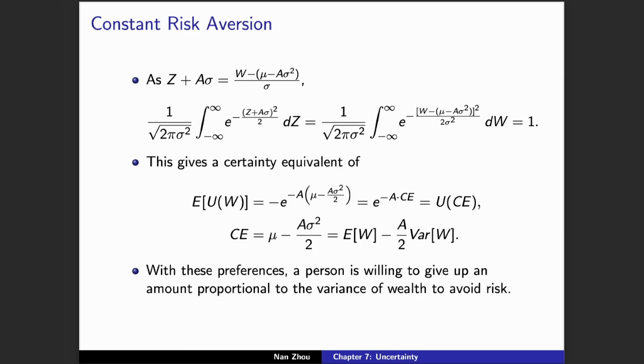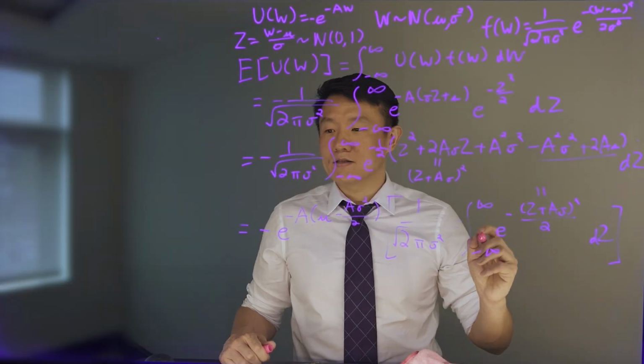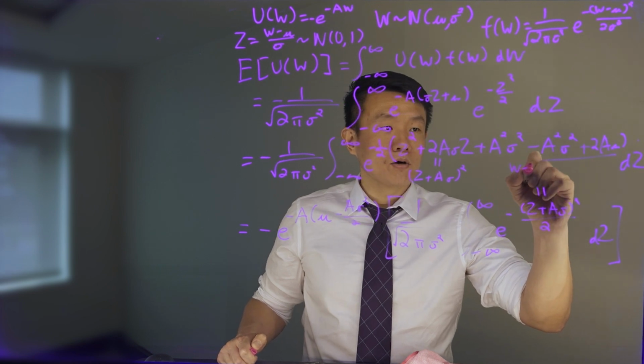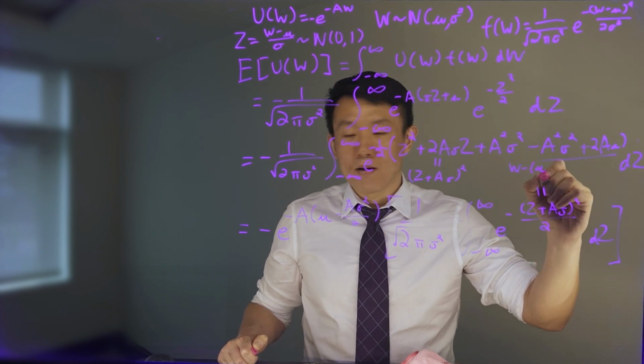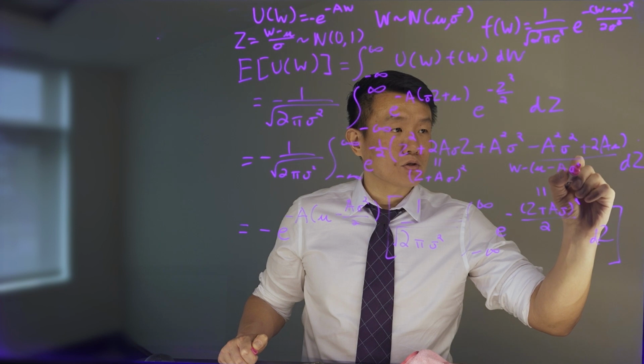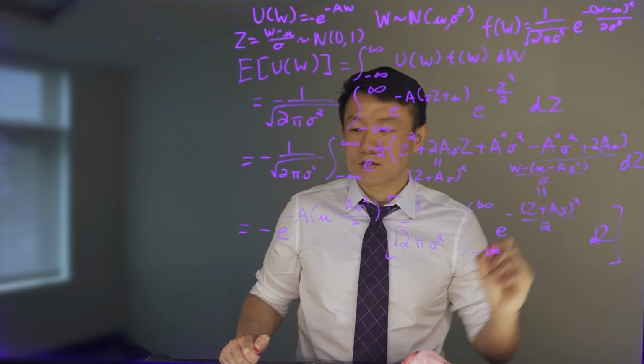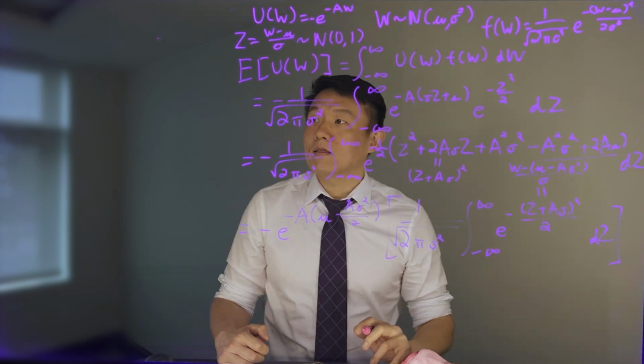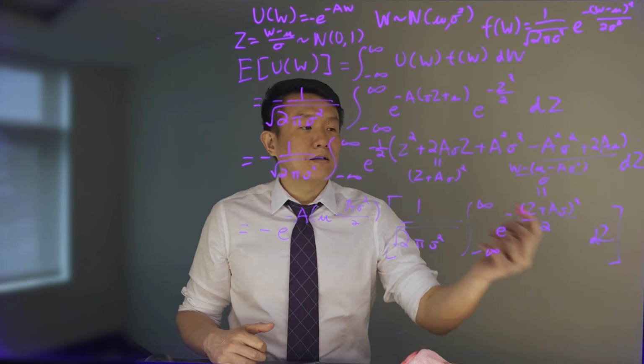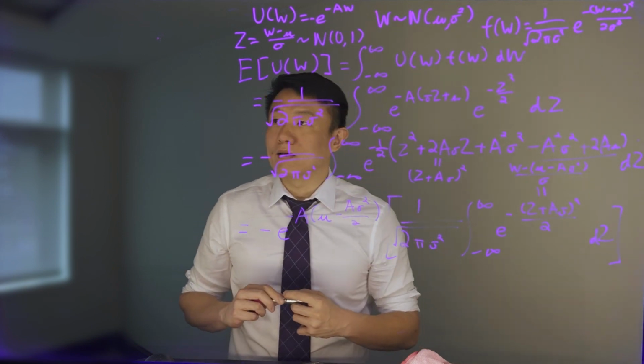If we follow the change of variable we had before, z plus a sigma is equal to (w minus mu minus a sigma squared) over sigma, and that's going to be another normally distributed random variable.